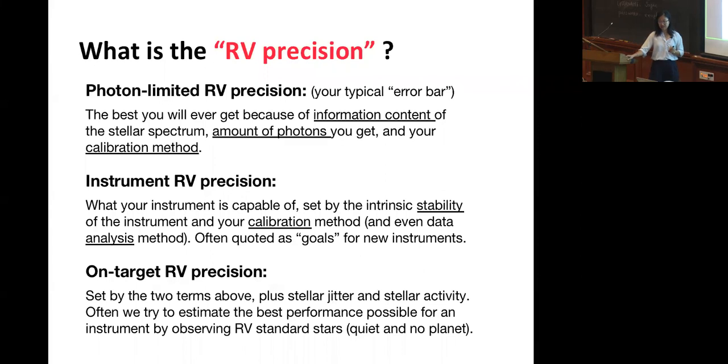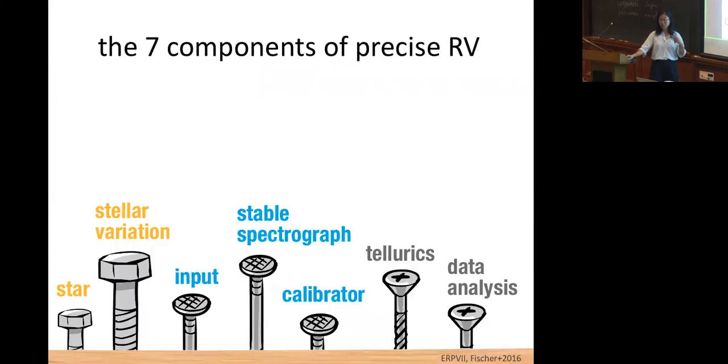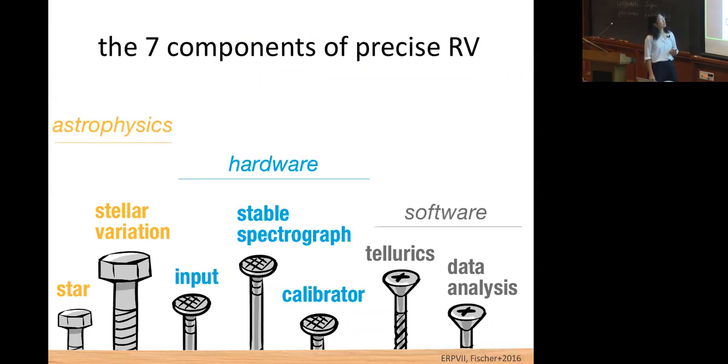All right, just a very broad overview of what goes into RV precision. I talked about those different definitions of RV precision, but if you're trying to establish a spectrograph or a program, and you're trying to hit high precision, here are the typical components that you want to consider to be able to achieve high RV precision. They are roughly divided into three groups: astrophysics, hardware, and software.